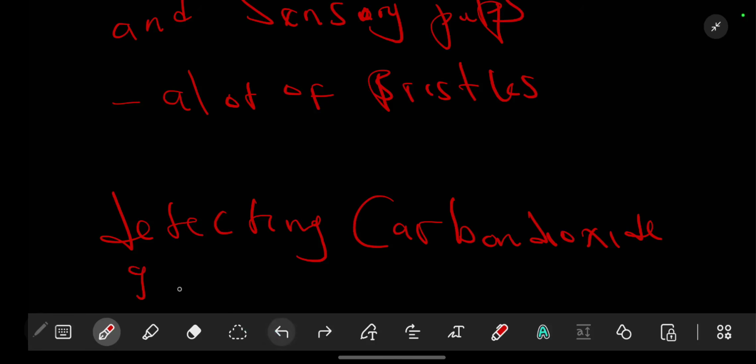So if you are releasing carbon dioxide, there will be a difference between where they are and where you are. So they will be able to detect that there is prey nearby. They will be able to follow using the carbon dioxide gradient.